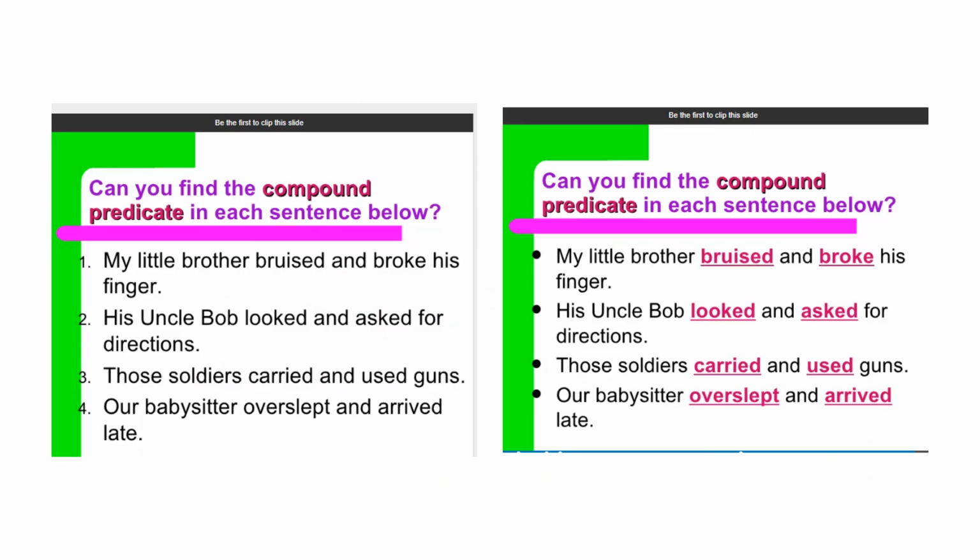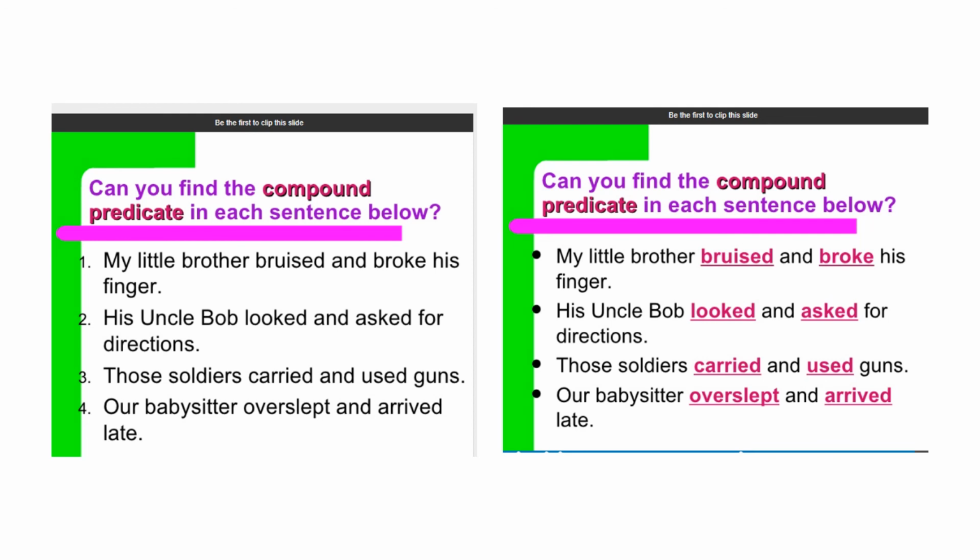Also here, you have 4 examples of sentences with a compound predicate. These are all simple sentences. I don't need to put a comma before the "and" because I don't have a new subject coming after the "and." I only have one subject. My little brother bruised and broke his finger.